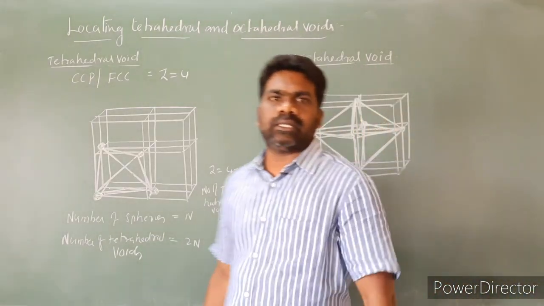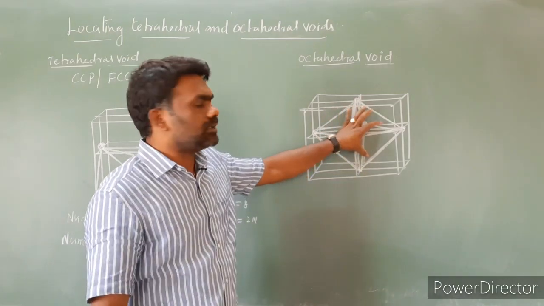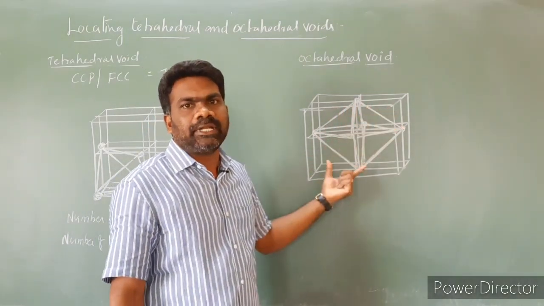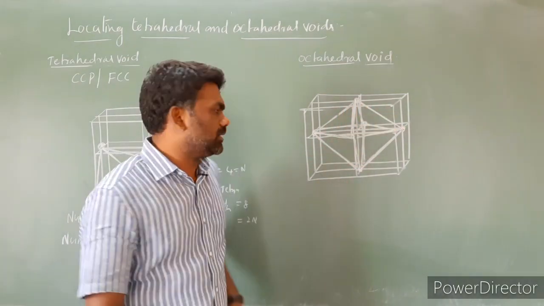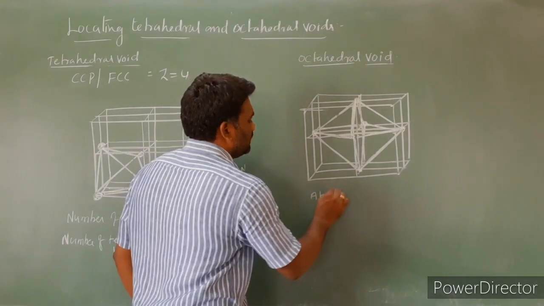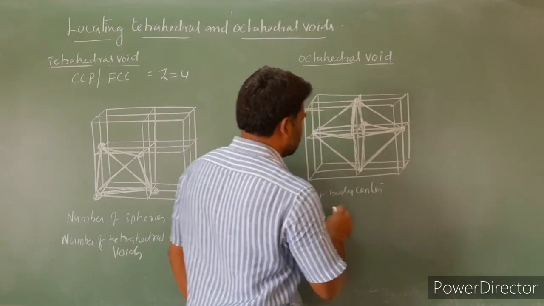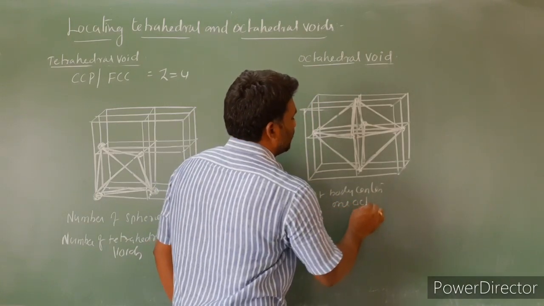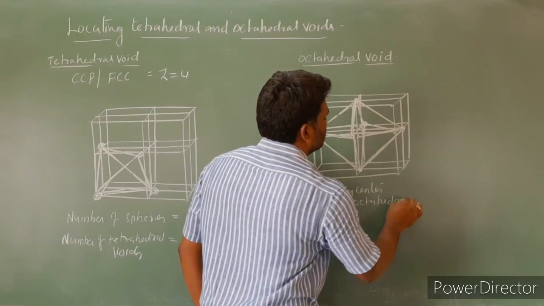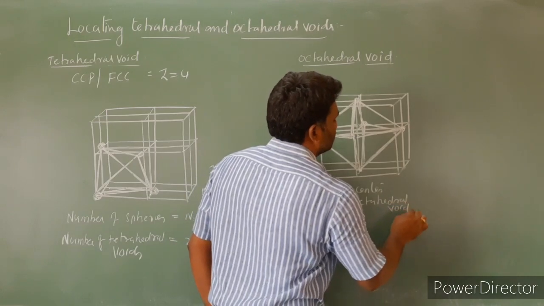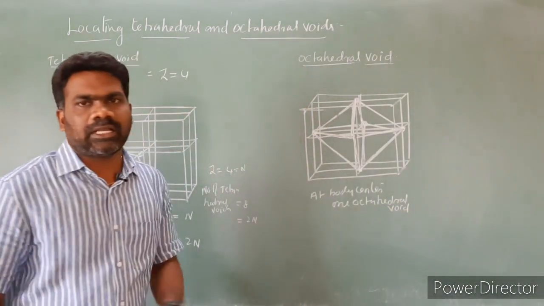So this is an octahedral void. The octahedral void is present at the body center. At the body center, one octahedral void is there.